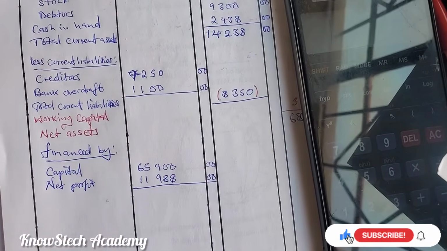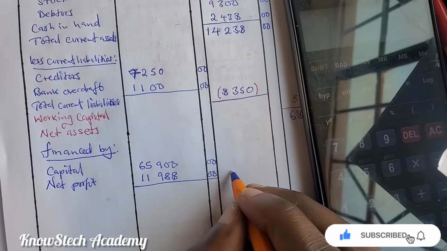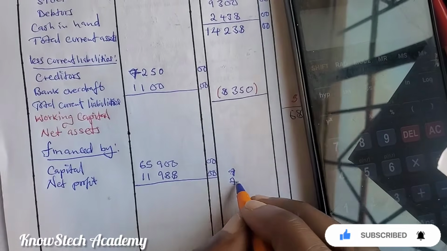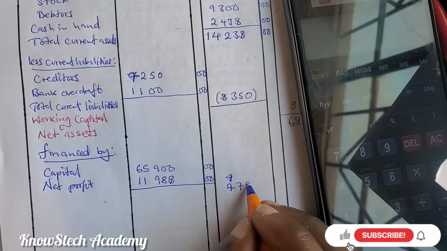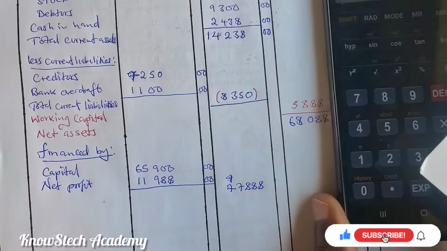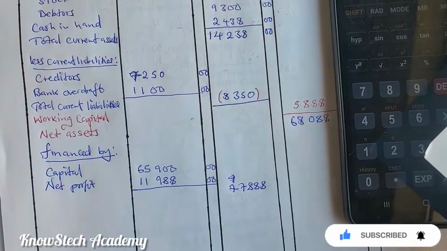Okay, all right. So let me just write this total this side as 77,888. Now to this total, we are going to add also loans.